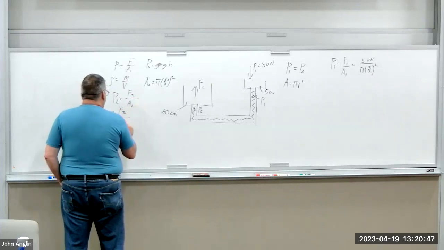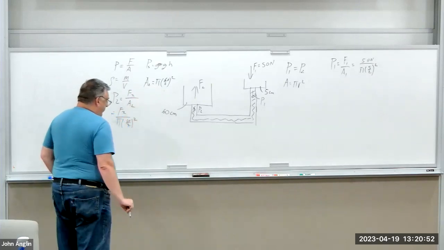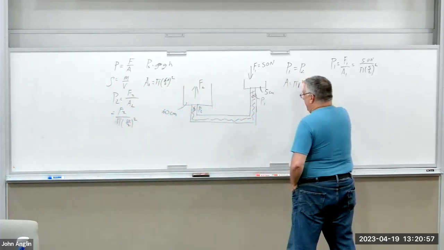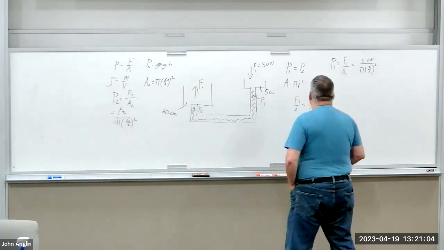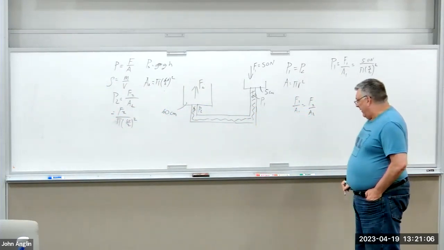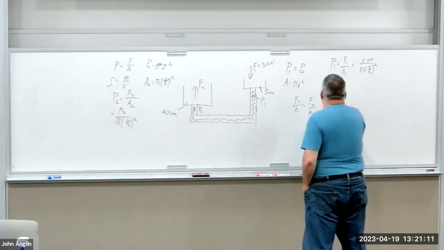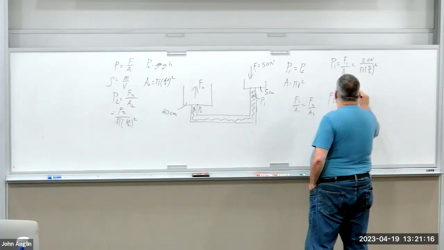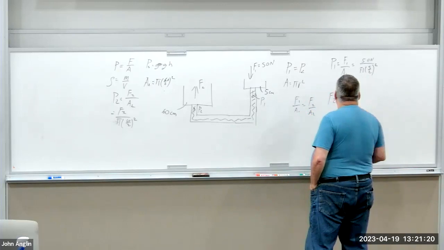A2 we just found is pi times 60/2 quantity squared. If both of these are equal, if P1 equals P2, then F1 over A1 must be equal F2 over A2, right? Well, what are we trying to find? We're trying to find F2. So a little bit of algebraic manipulation gives us F2 equals F1 A2 over A1.